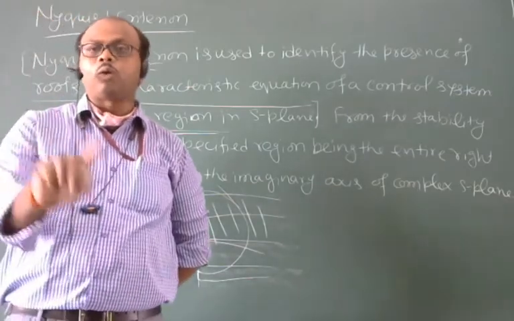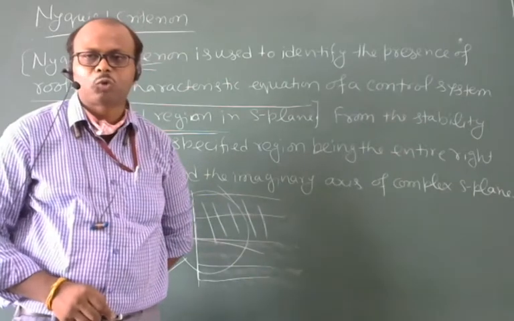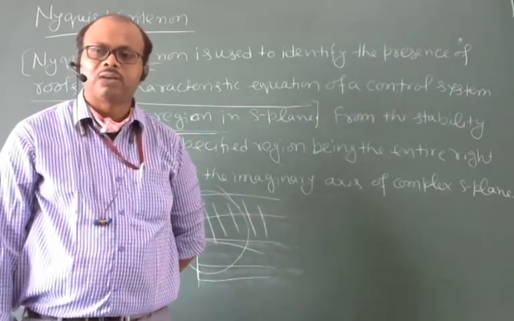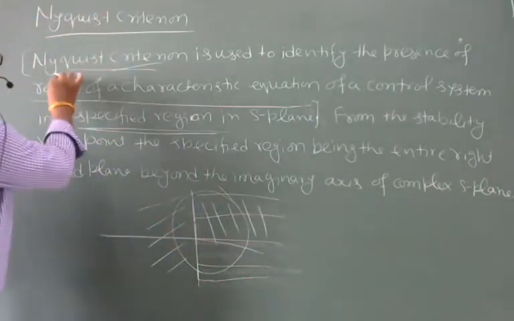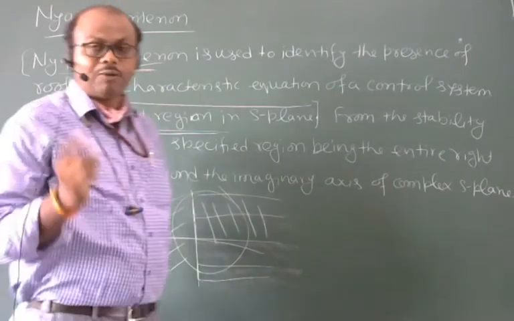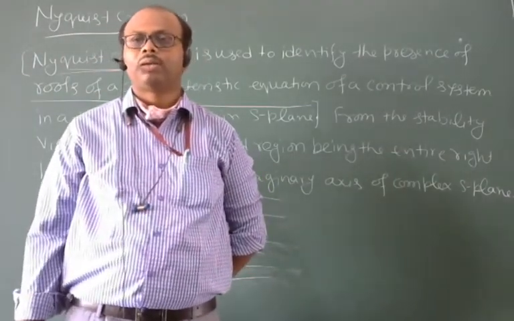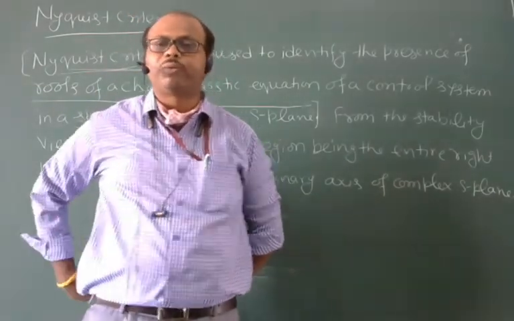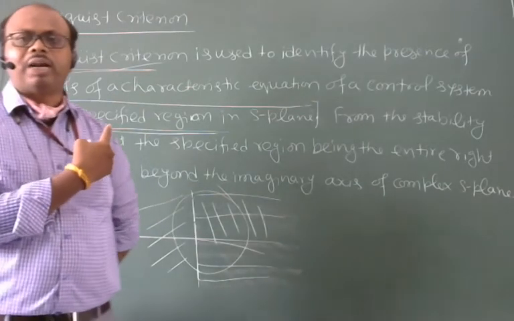If any one root occurs in this specified region, then Nyquist criteria will identify that root.